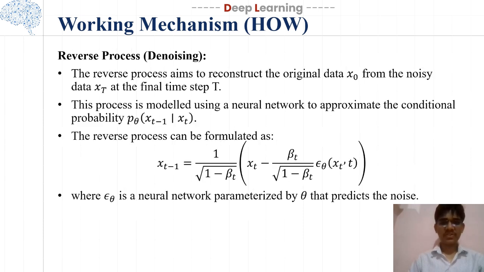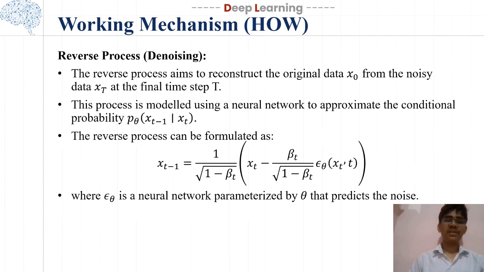Now the reverse process, which is where the actual generation happens. In these steps, the model tries to undo the noise that was added earlier, gradually converting random noise into structured, realistic data. Mathematically, it can be represented by this formula, where mu theta and sigma theta are parameters learned by the neural network. They determine how much noise should be removed at each time step.